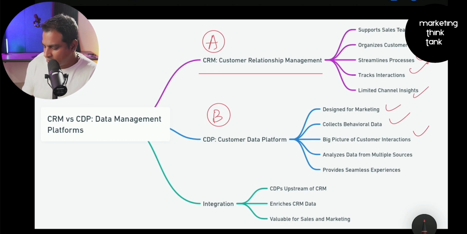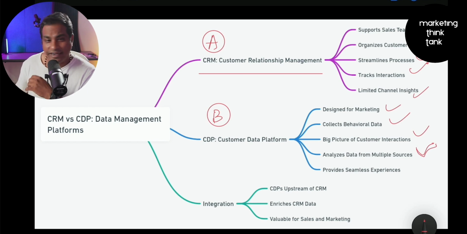Now, it analyzes data from multiple sources. This is one of the most important things, if you ask me, because gone are the days when we only look at one platform, one interaction, and decide the potential of the audience, right? Now the customers are interacting with you across different channels, across different touch points. This CDP consolidates all those metrics and gives you a clear picture of what is happening in the back end. It also provides a seamless experience, which means it will give you a unified view of a customer across different channels, across different platforms.